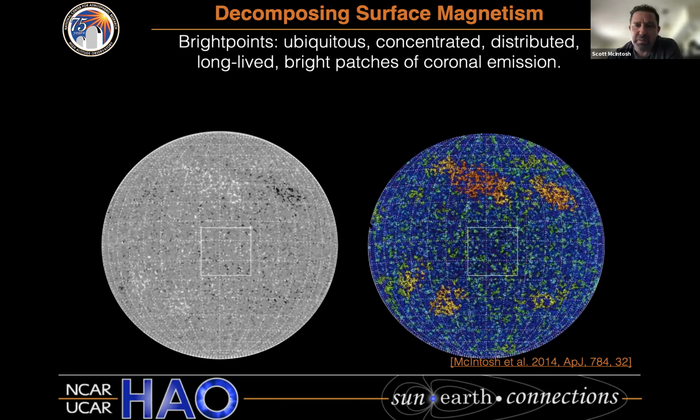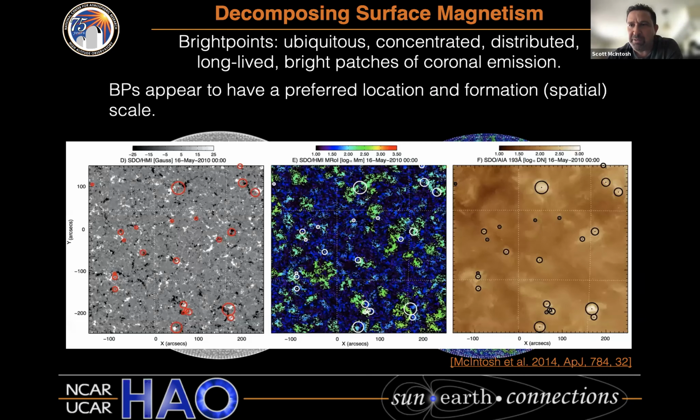What are these things? So if you're like me, I'm a pretty curious guy. I went and started to look. And what I basically identified was that not every magnetic dipole on the sun produced one of these regions. So if you look at the HMI magnetogram on the left side, and you look at the corona on the right side, you can see all the bright points that were identified by my code.